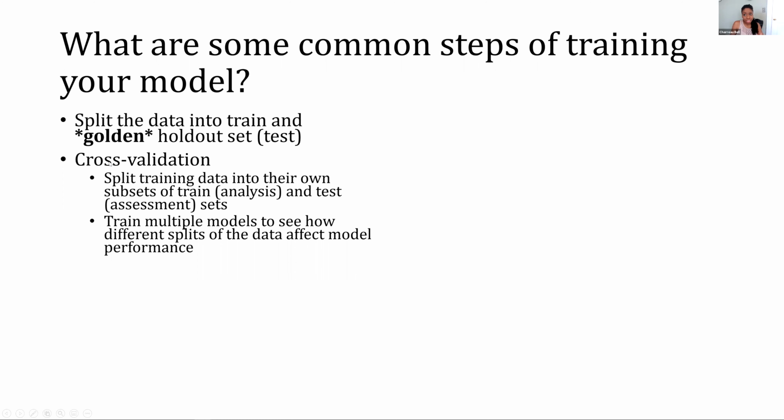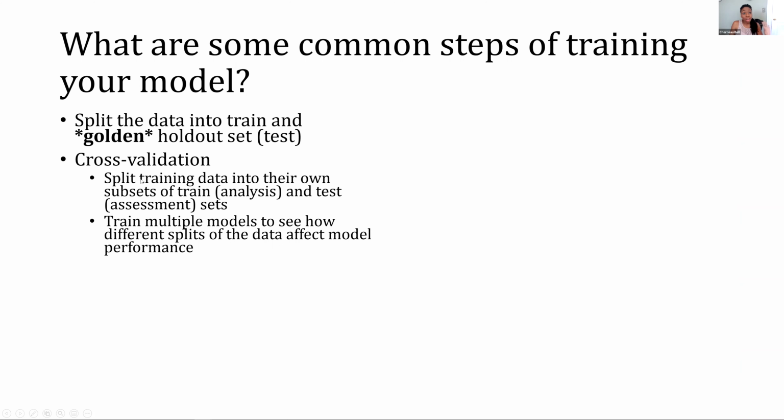Well, you could use cross-validation. And what is cross-validation? So the way that I think about cross-validation is you take the training data that you have and you split it up into now a sub-training set and a sub-testing set. And you might do this one or more times so you can iterate and repeat this process to understand how your model performs on different subsets of the data.